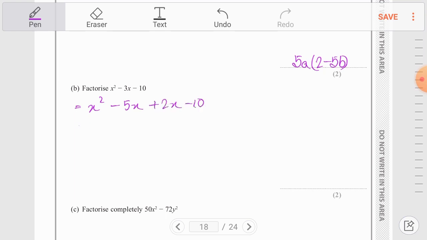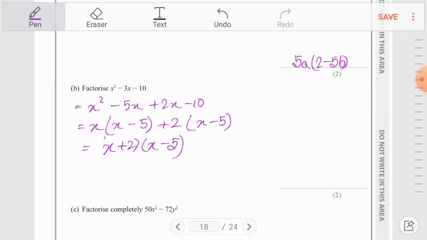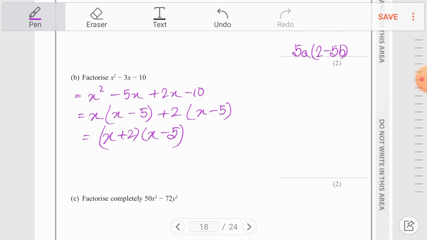So we are going to take x common, so inside the bracket would be x minus 5, and we're going to take 2 common for the last two, and it would be x minus 5, and you get x plus 2, x minus 5, and that's the answer. We have factorized x square minus 3x minus 10 completely, and the answer is x plus 2 and x minus 5.